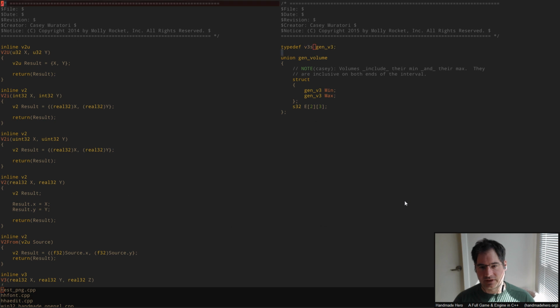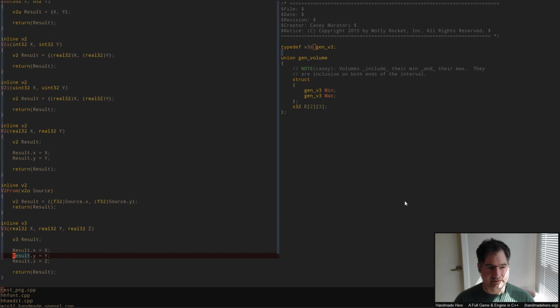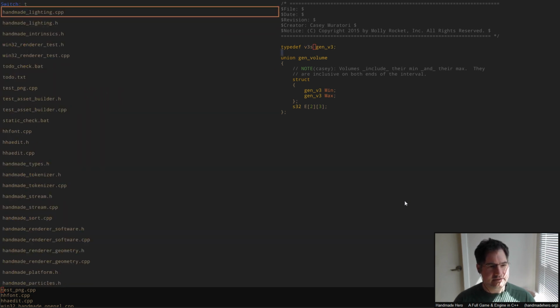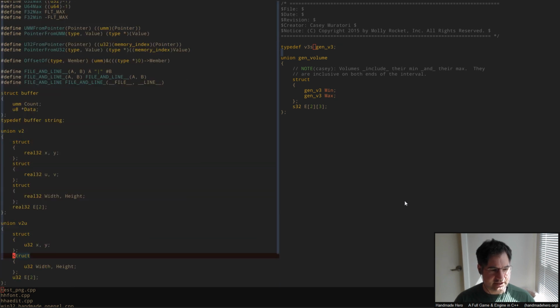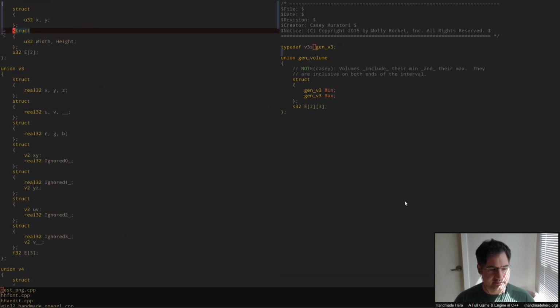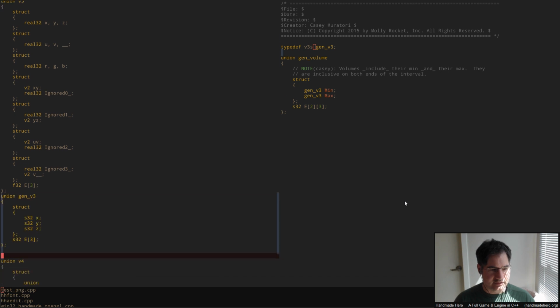We could do this, and then I'll use V3Ss in the rest of the stuff as well. I think there's a handmade types file here where we actually define these, and so I'll follow suit there. And just say here we've got a V3S in the mix. And yeah, I'll just leave it at that for now.